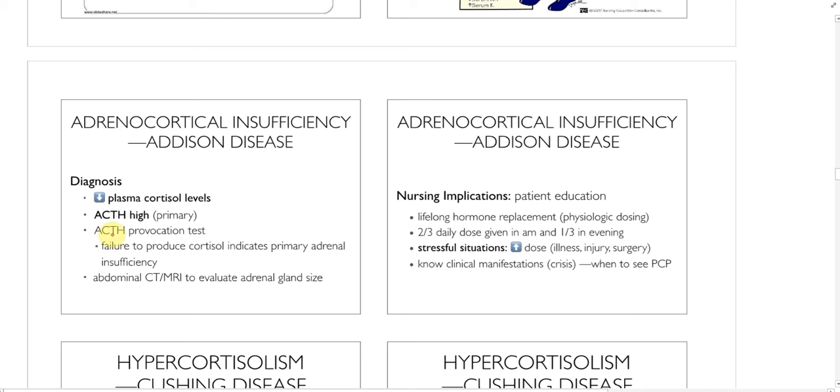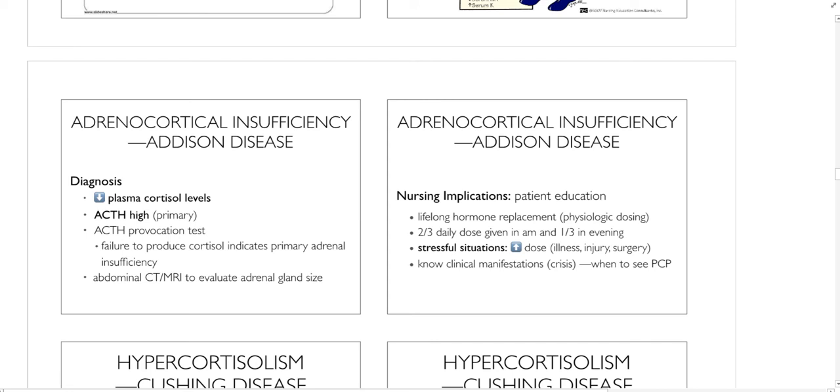And that's kind of what this ACTH provocation test is. So if we do this provocation test and they fail to produce cortisol by putting ACTH synthetically into the body, then that means it's a primary issue.